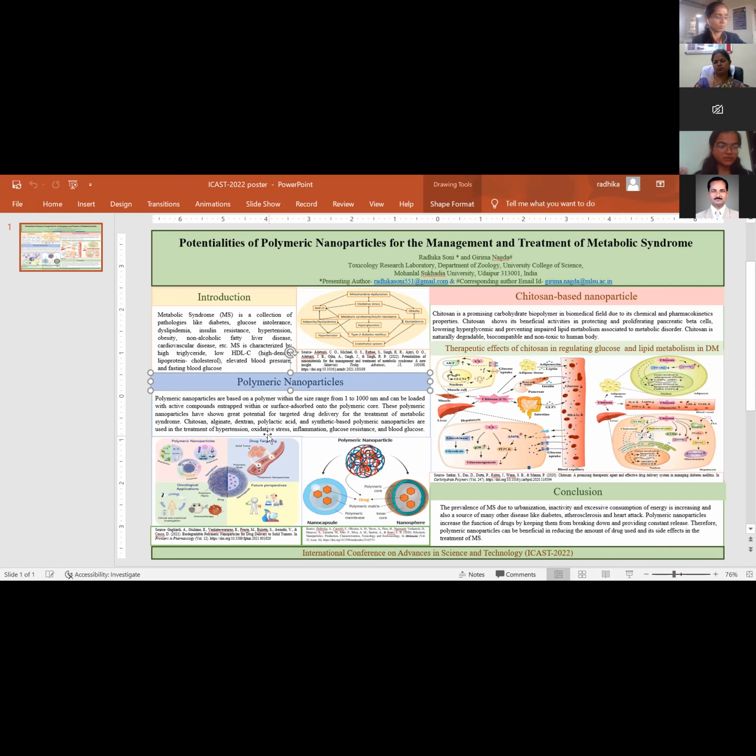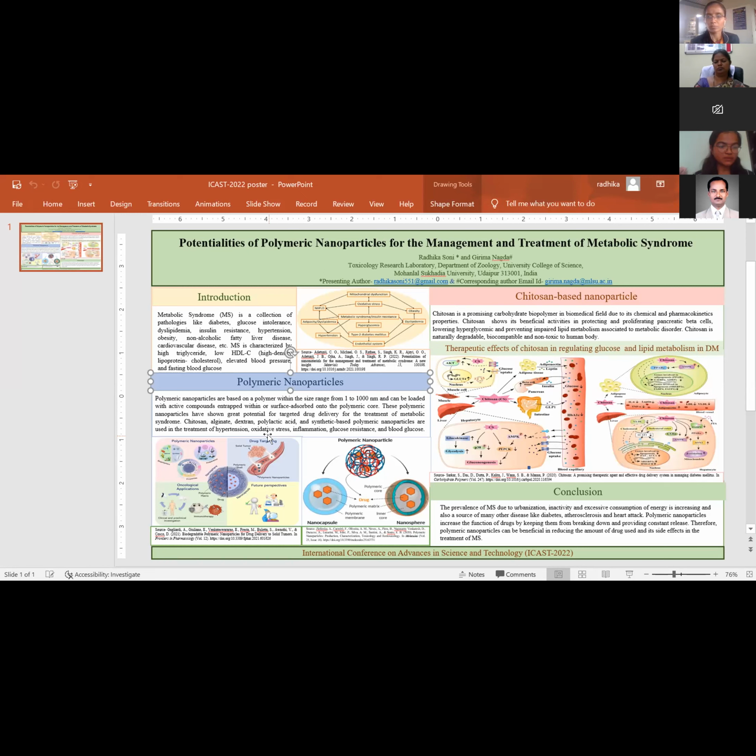Here I am presenting my work on polymeric nanoparticles. Polymeric nanoparticles are based on polymers within the size range from 1 to 1000 nanometer and can be loaded with the active compound entrapped within or surface adsorbed on the polymer core. On the basis of their structure, there may be two types, nanocapsules and nanospheres.